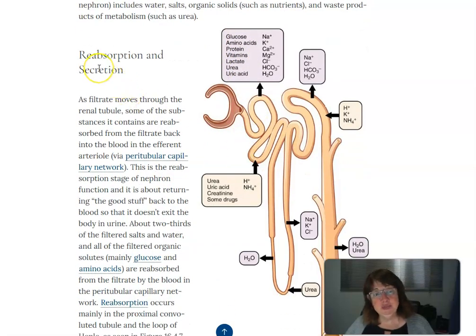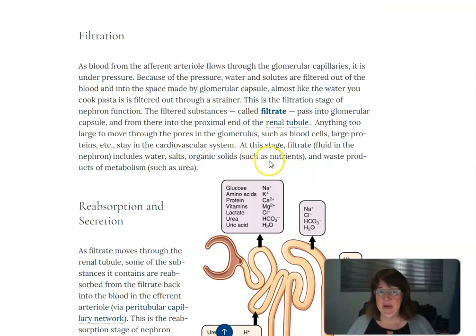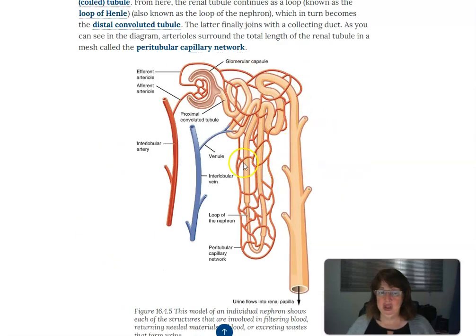Now, reabsorption is the second process, and it will occur in the convoluted tubule, going from the convoluted tubule back into the peritubular capillary. Let's look at the word: peri means around, so it is the capillary that goes around the tubule. It isn't shown in this diagram, but it's shown up here with all the blood vessels.